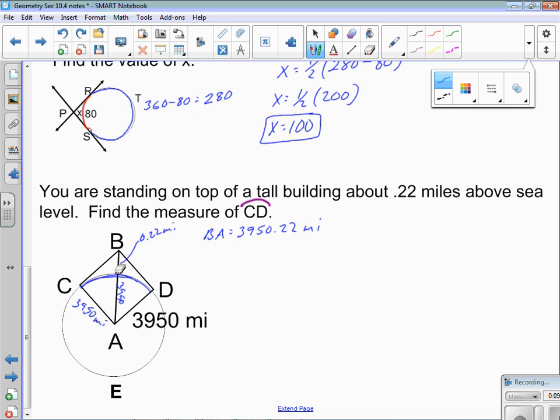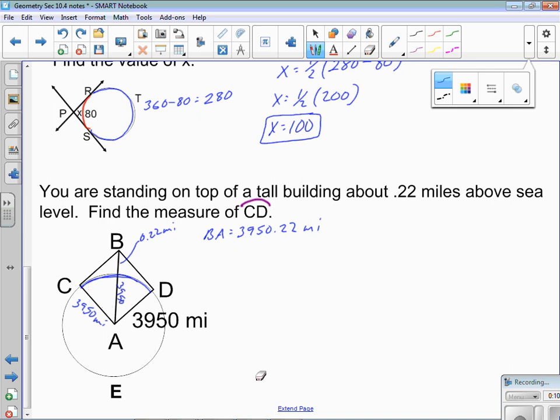Then other things that we can take into account here is that BC and BD are tangents, AC and AD are each a radius of the circle, and when a radius intersects a tangent at the point of tangency, we learned that that's going to be perpendicular.